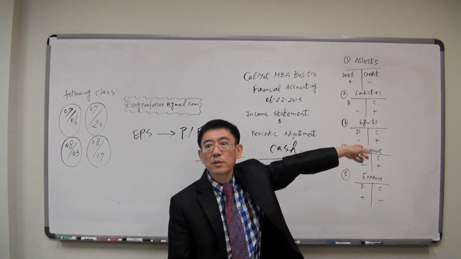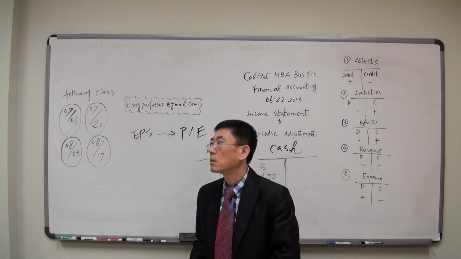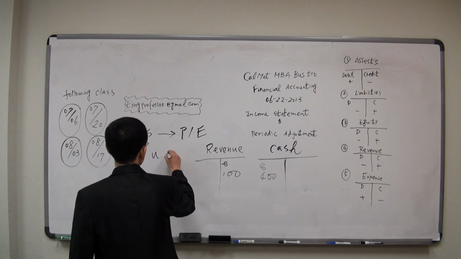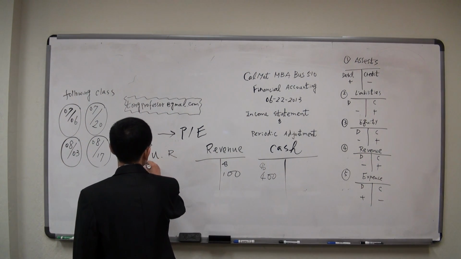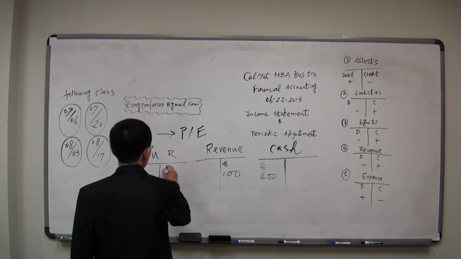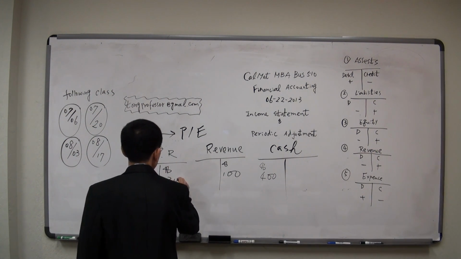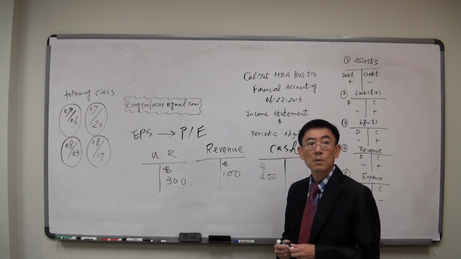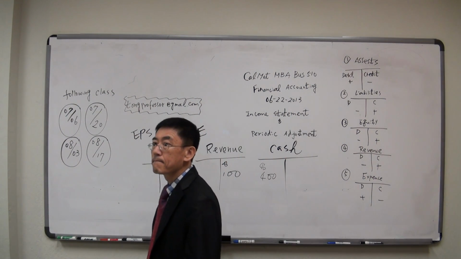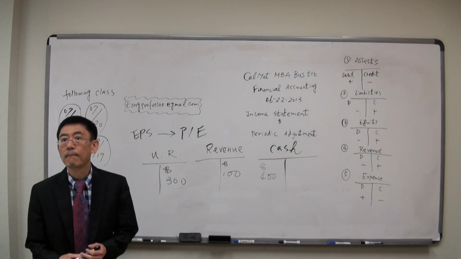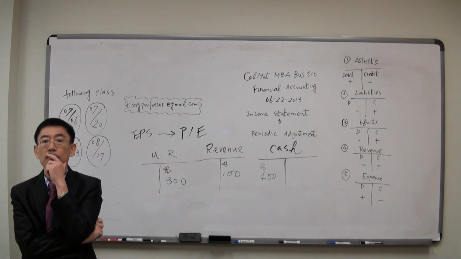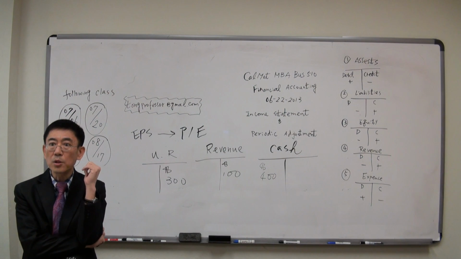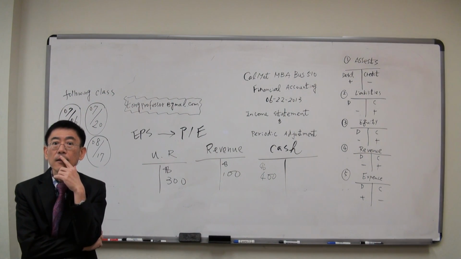So when you see increase, you see the chart, right? Unearned revenue is a liability, and when liability increases, it is on the credit side. Any questions so far? So far so good, right?